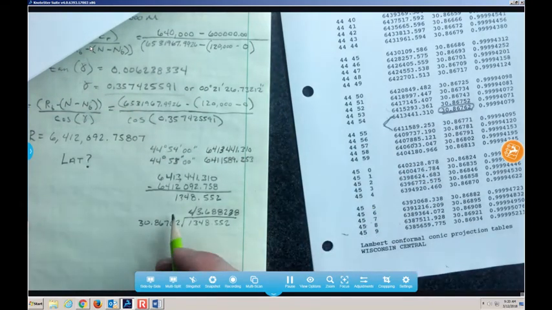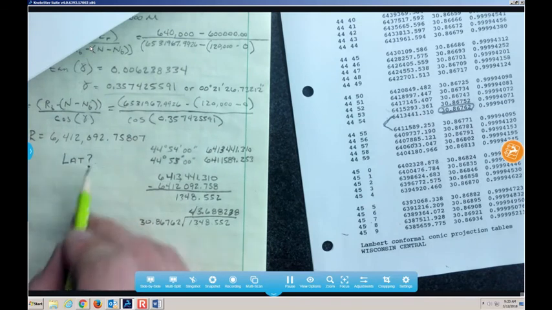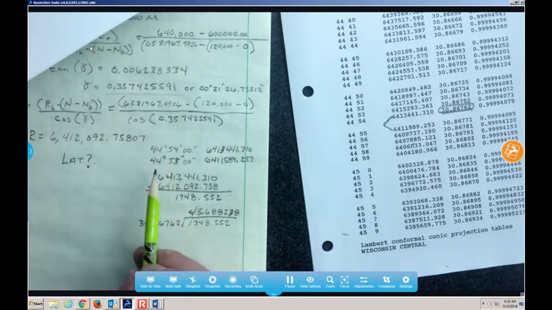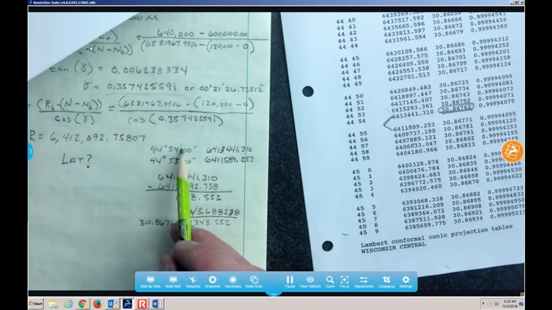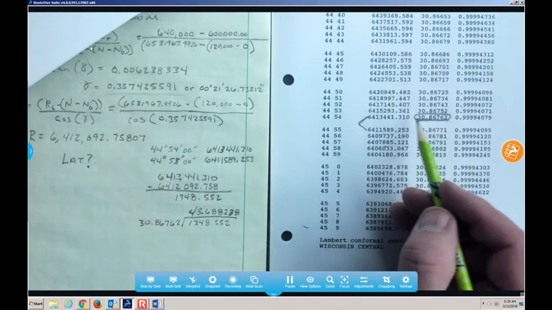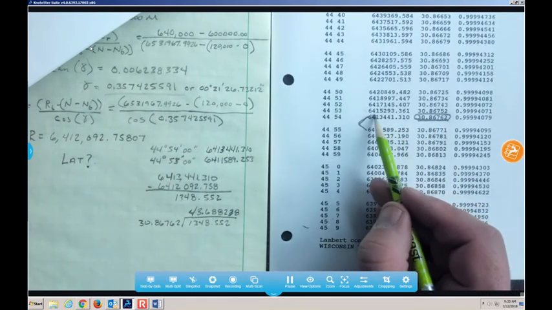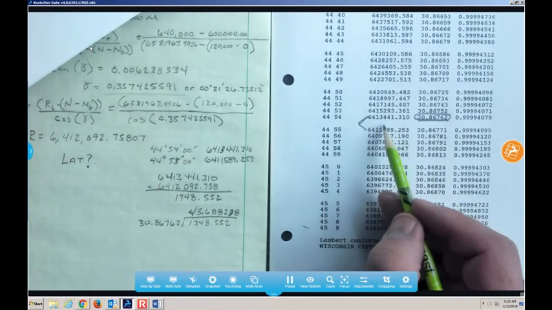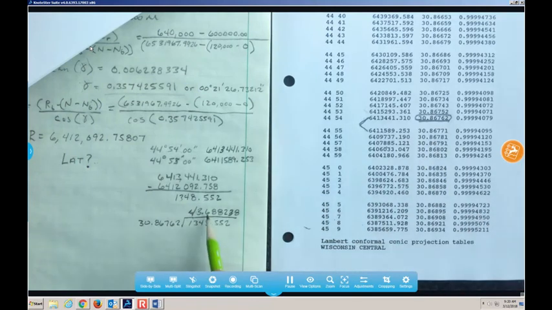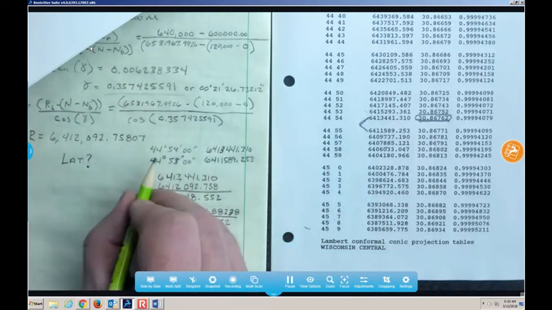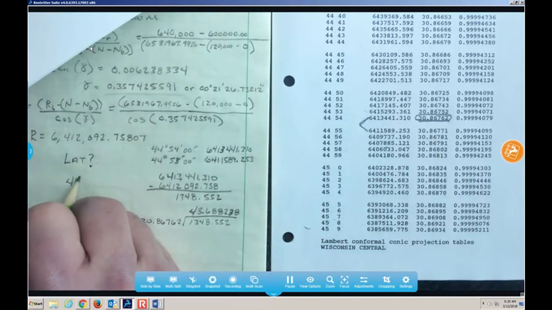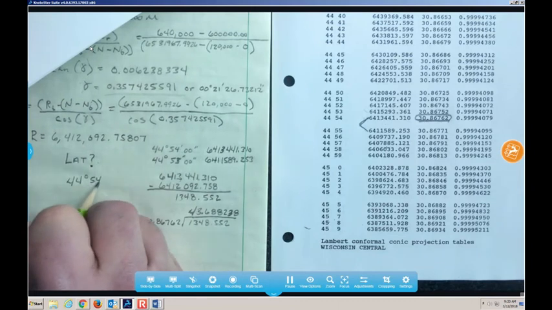Now we're trying to find our latitude. We always use the lower latitude, even though we're going between these two, because we're always going to add to it. Our lower latitude was 44 degrees, 54 minutes.